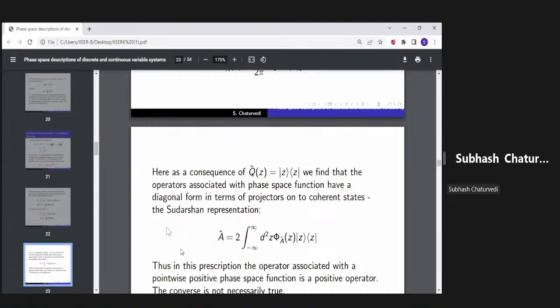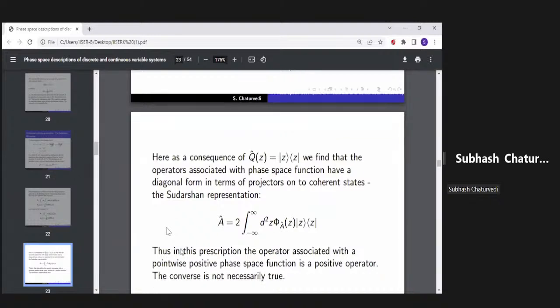So this is an outcome of the antinormal ordering prescription, and this particular expression of any operator, in particular for the density operator, is referred to as the diagonal representation of Sudarshan.